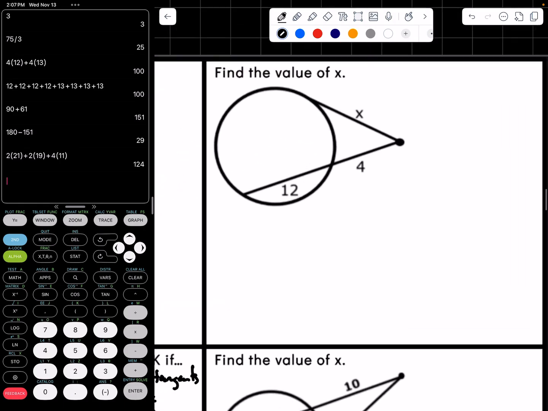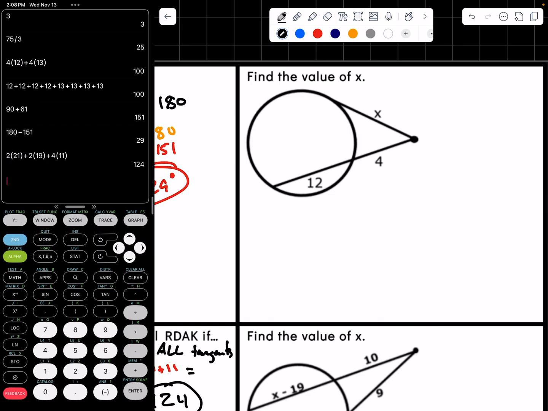My last one, we've got our parts, okay, our secant lines and our tangent lines. So we've got our external and internal pieces, our external pieces and our whole pieces. So x, this first one, x times x equals 4 times 4 plus 12.